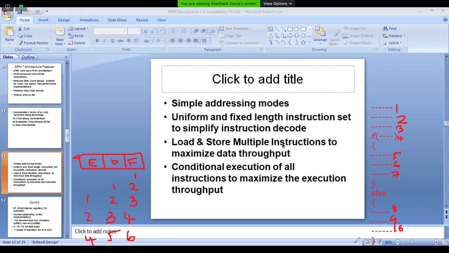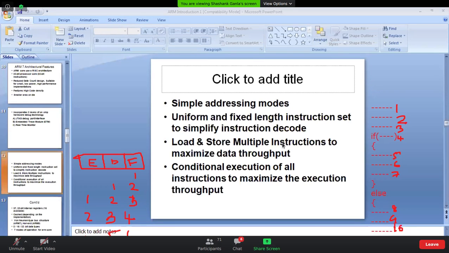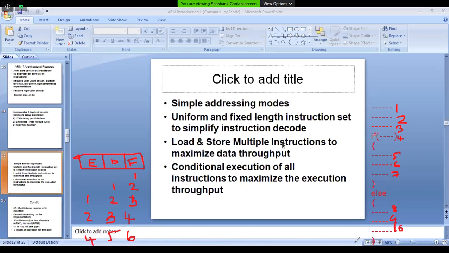True or false? True. Okay, but if the fourth instruction's condition does not satisfy, then what happens?